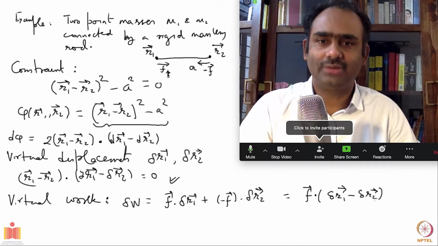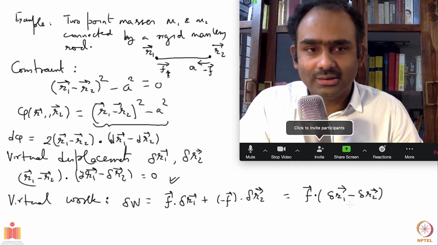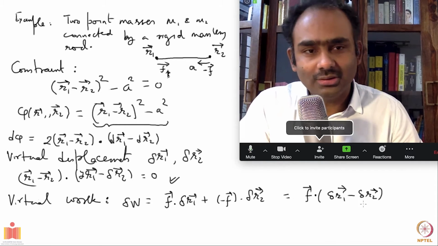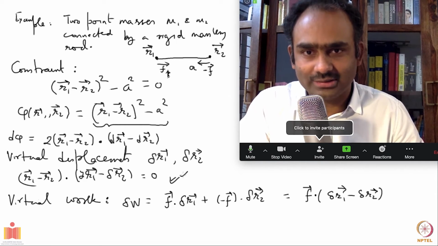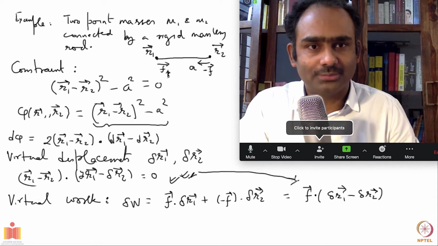I hope everything is fine till now. Now delta R1 minus delta R2 is constrained by this relation. So I take this one and put it in here.